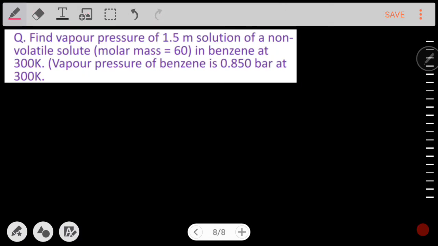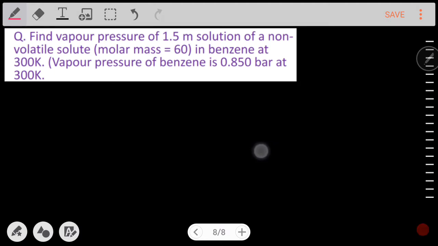Find vapor pressure of 1.5 molar solution of a non-volatile solute, molar mass of which is 60, that is dissolved in benzene at 300 Kelvin. Vapor pressure of benzene is 0.850 bar at 300 Kelvin.